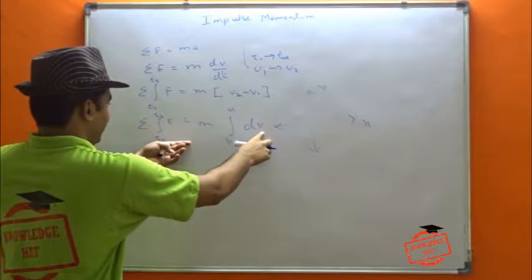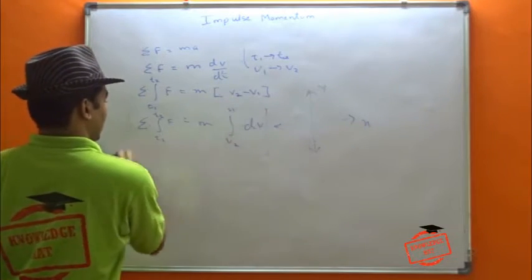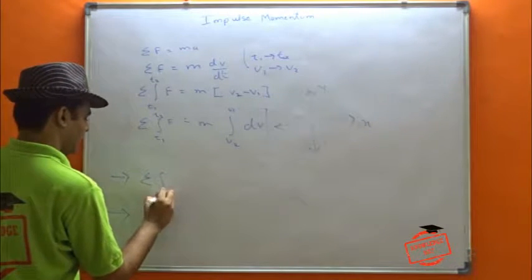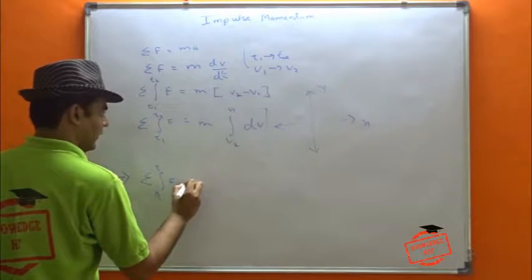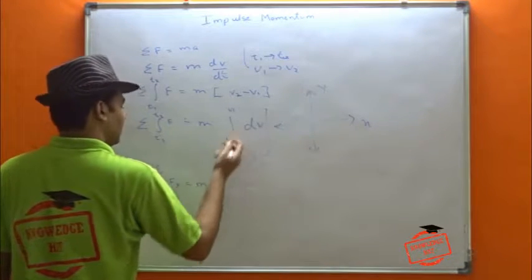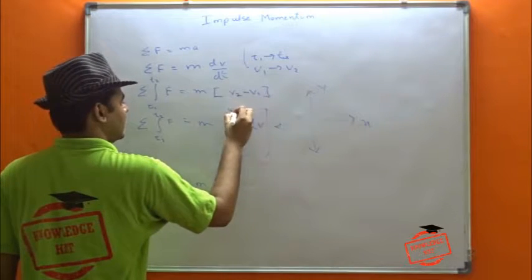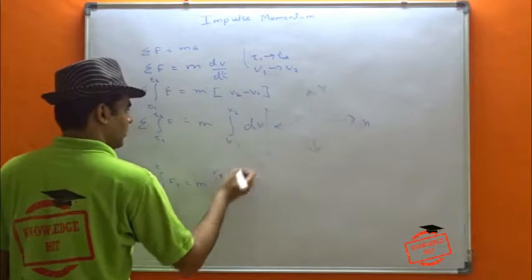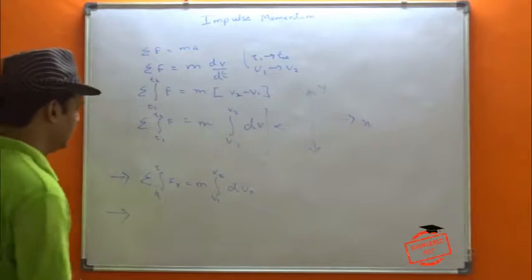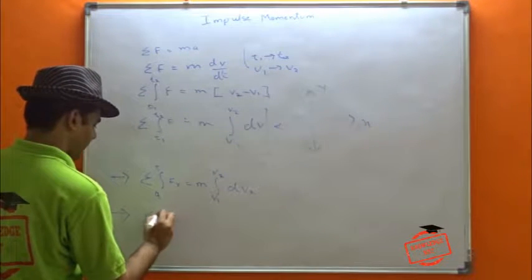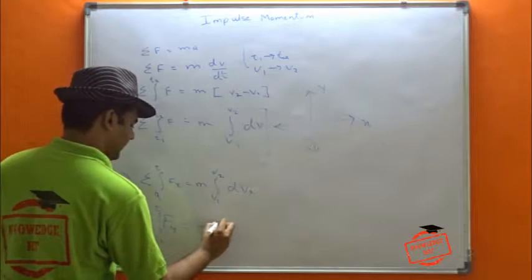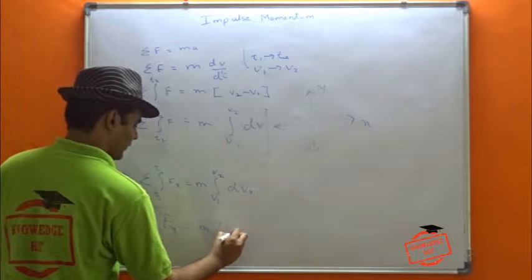So, writing the same equation for the x and y components, we get the integral from t1 to t2 of Fx equals m times the integral of dvx from v1 to v2. And similarly, for the y component, the integral from t1 to t2 of Fy equals m times the integral of dvy.